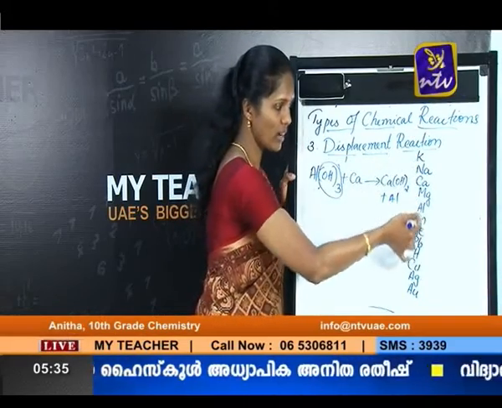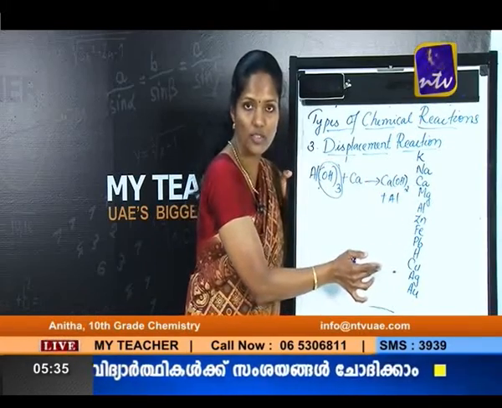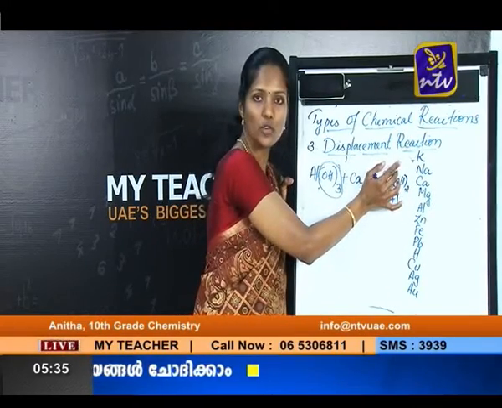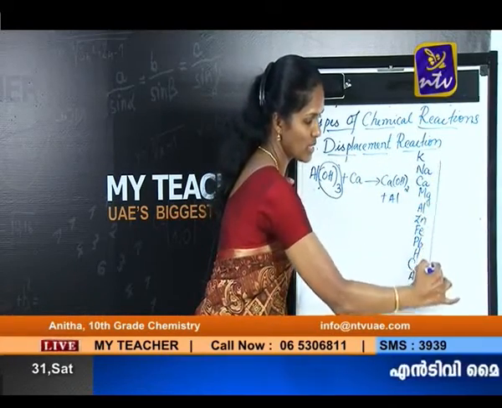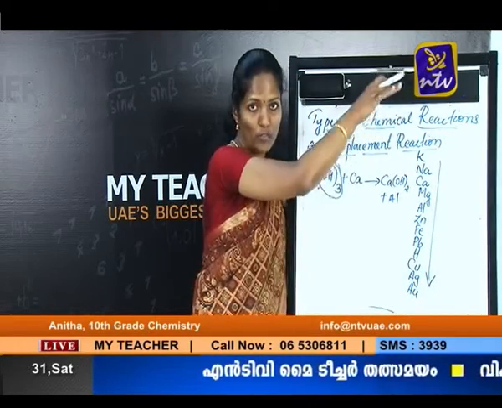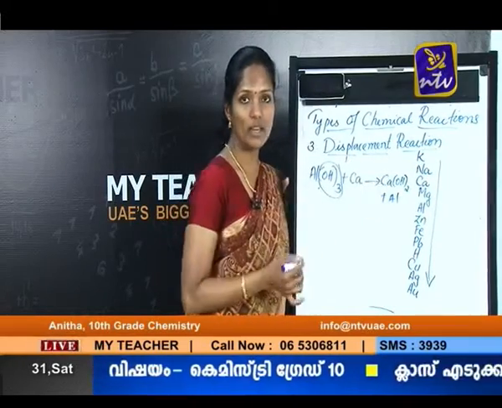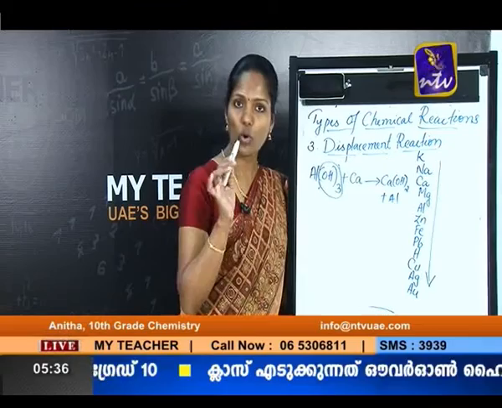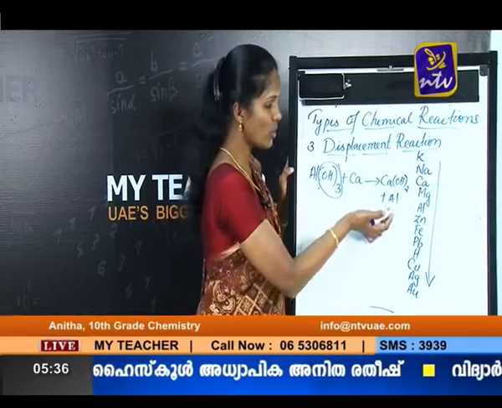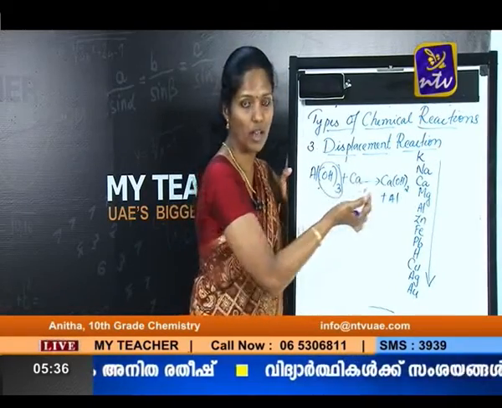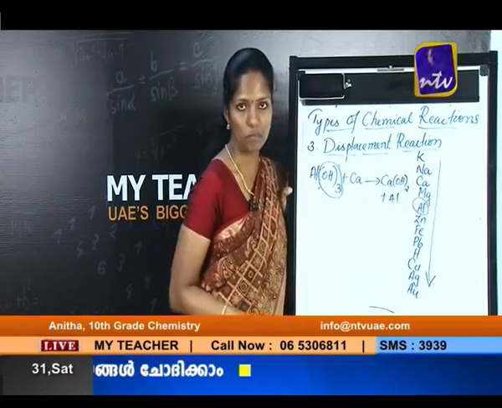When you look at the reactivity series, this is the reactivity in decreasing order. The most reactive metal is potassium, then sodium. Likewise, reactivity decreases downwards. Whenever we move from top to bottom, reactivity decreases. So, during a displacement reaction, only a highly reactive metal can displace. Here, when we look at the position of calcium and aluminum in the reactivity series, aluminum is below calcium.